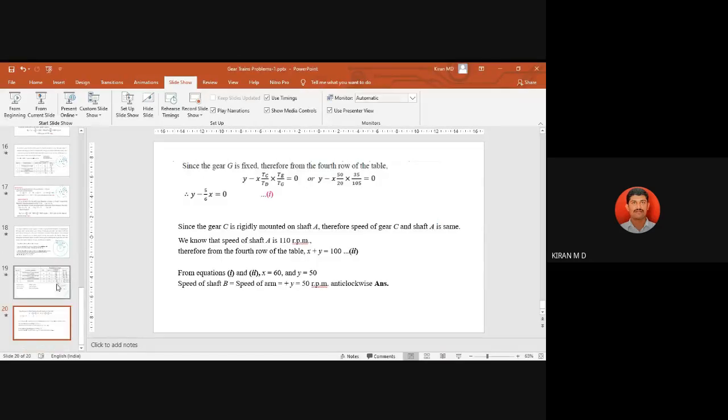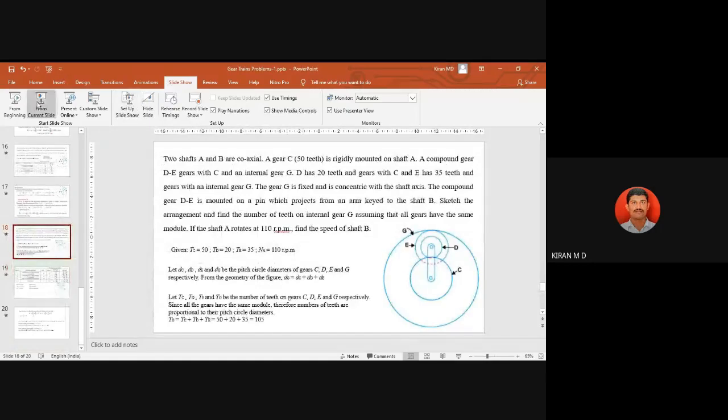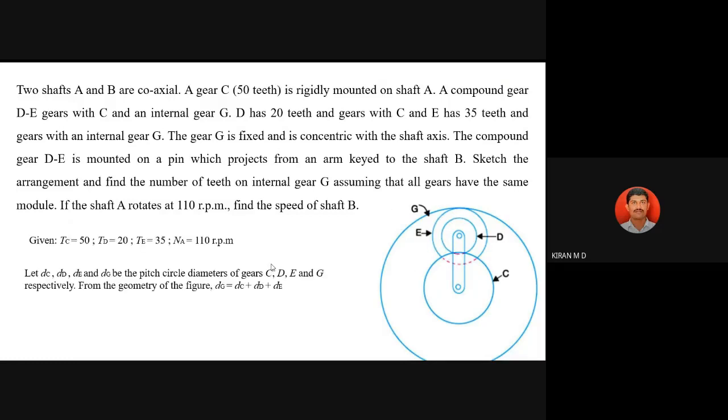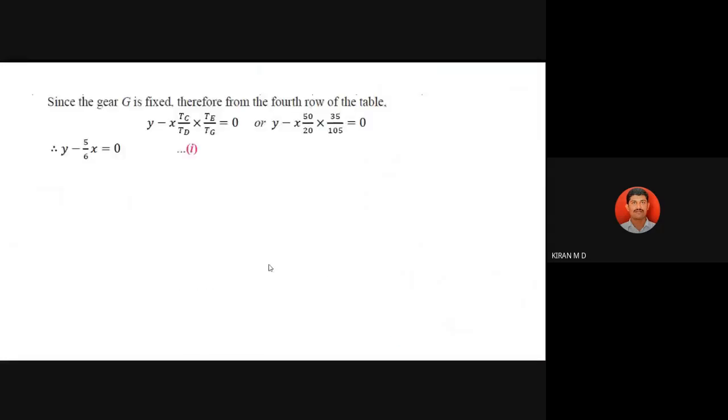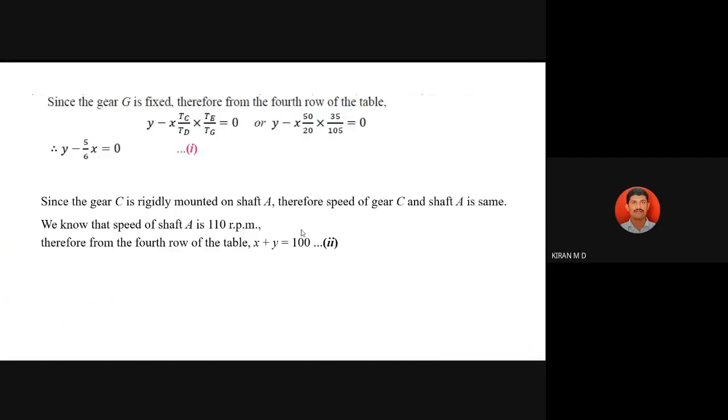So then, one more step. He has given the speed of shaft. So what is the speed of shaft here? We need to find the speed of shaft, which means these two gears are mounted on this shaft B. So what is the speed of shaft B? The speed of gear D and E is y minus x into TC by TD. So use that equation.